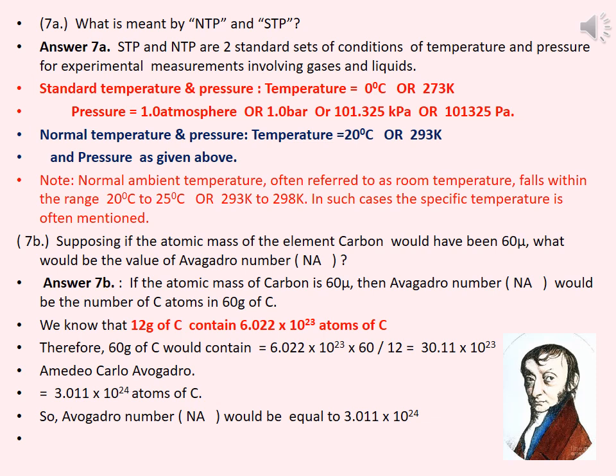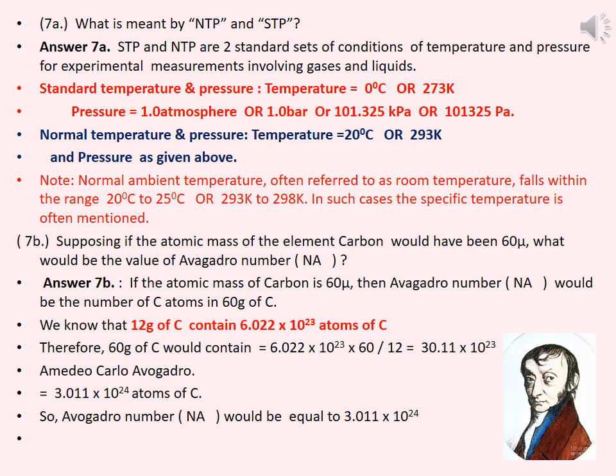Therefore, 60 grams of carbon would contain how many atoms of carbon? We have to multiply 6.022 into 10 power 23 into 60, the whole divided by 12. That comes out to be equal to 30.11 into 10 power 23.